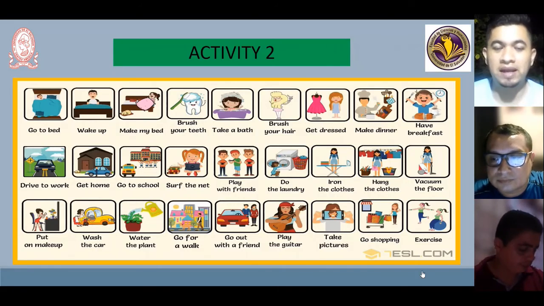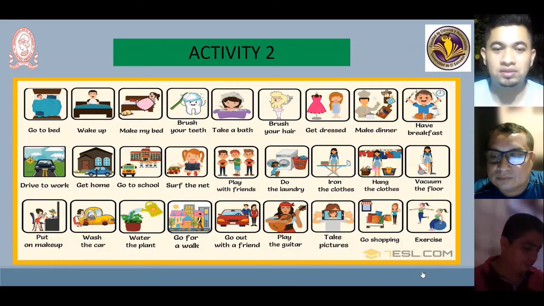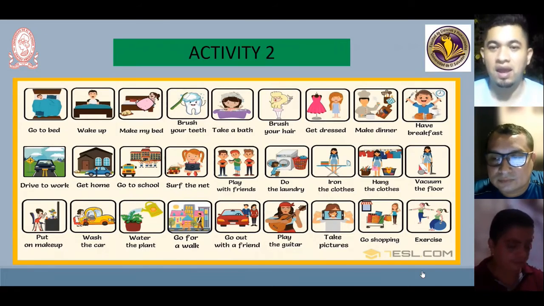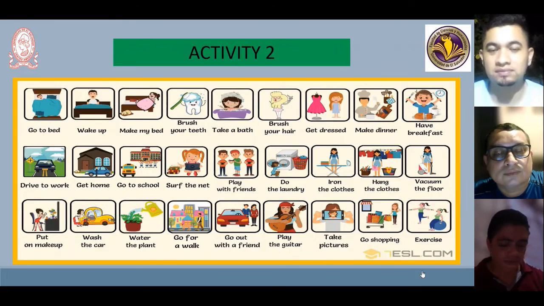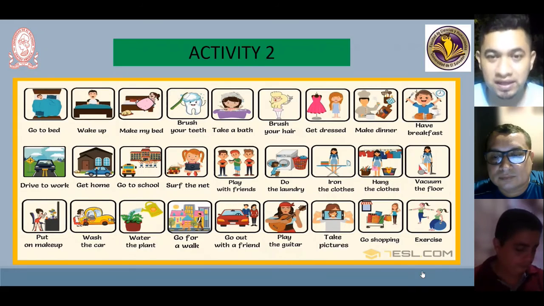I water the plant every morning. I watered the plant yesterday. And I brush my hair every morning. I brushed my hair last night.